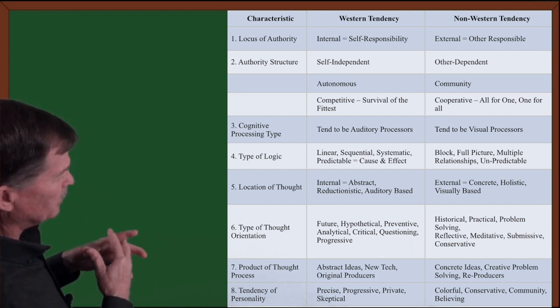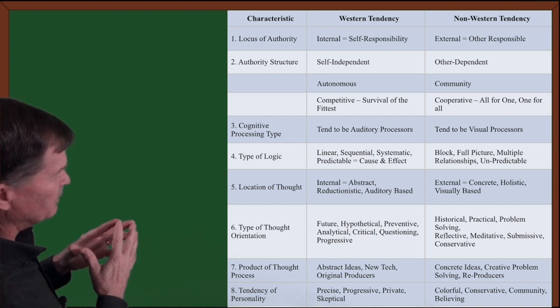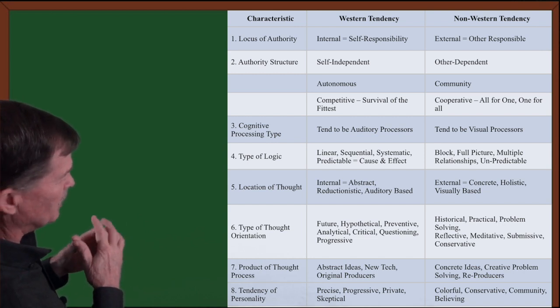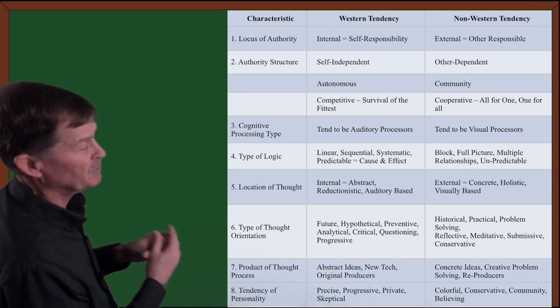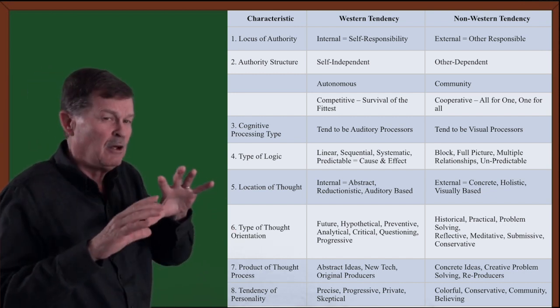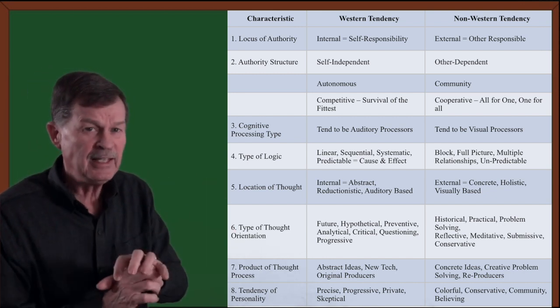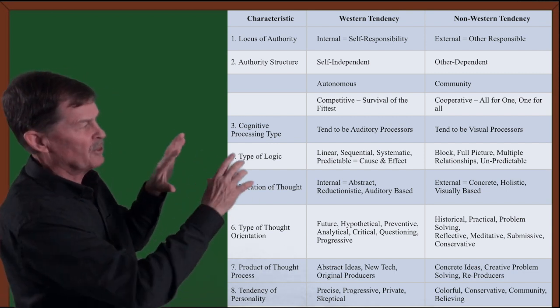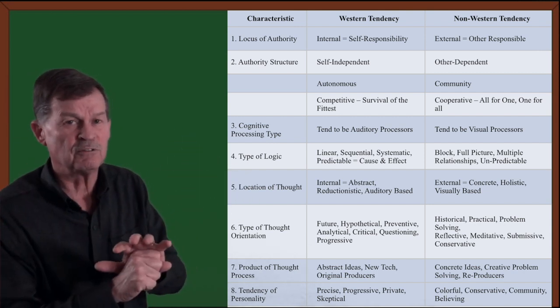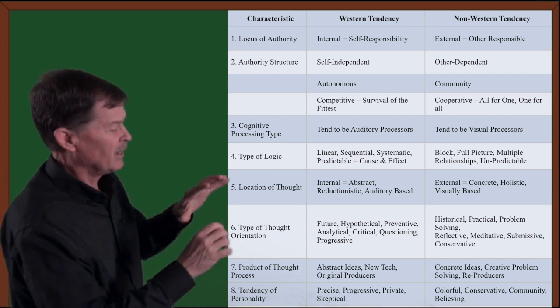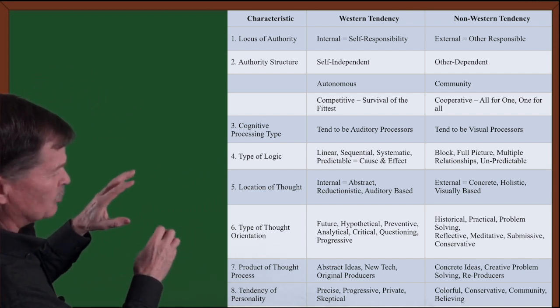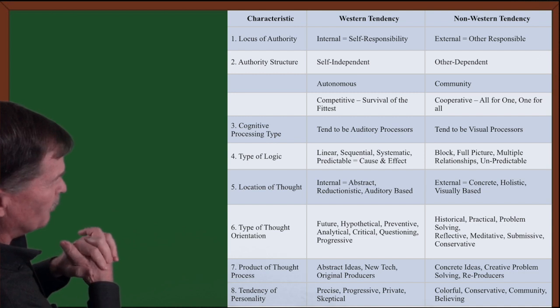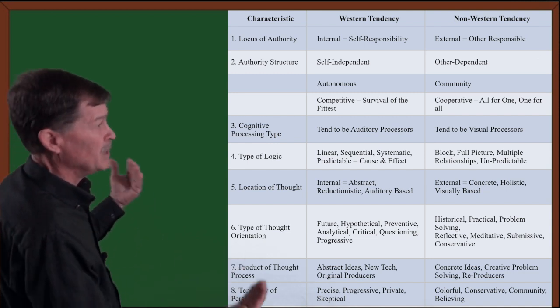It's very practical, problem-solving, reflective, meditative, submissive, and conservative. Very different. And so it's kind of like, okay, how do you apply critical thinking into a thought process that is conservative, respectful, historical, practical, problem-solving, reflective, meditative, submissive?